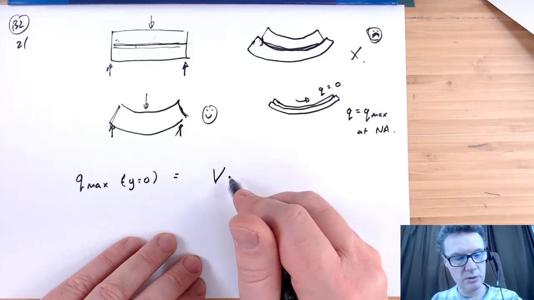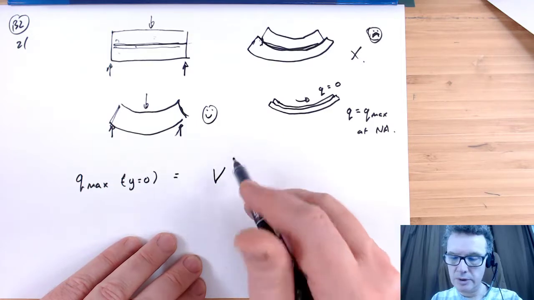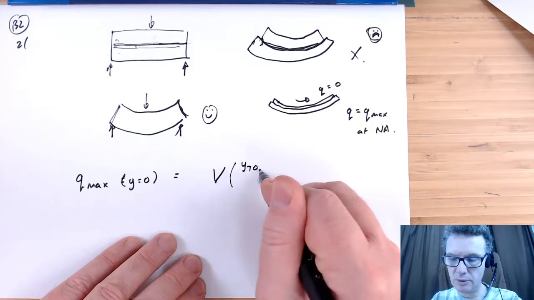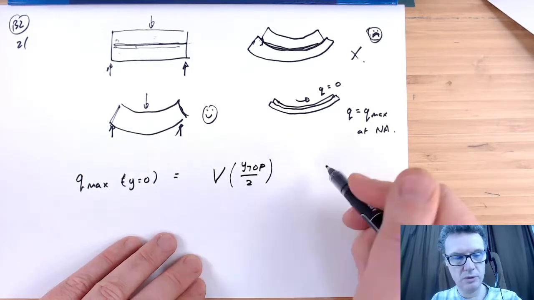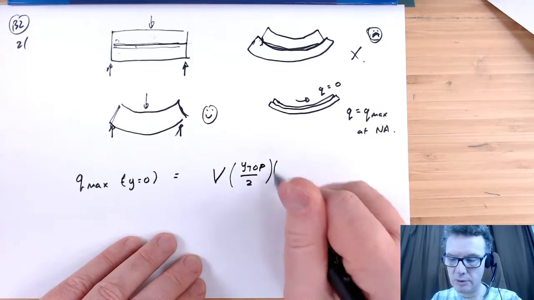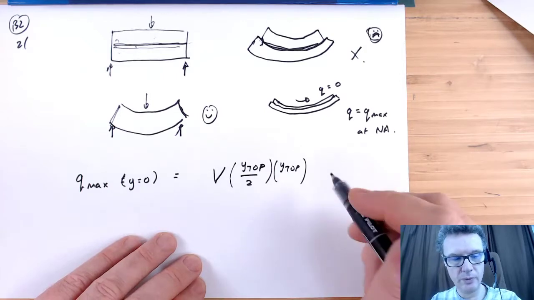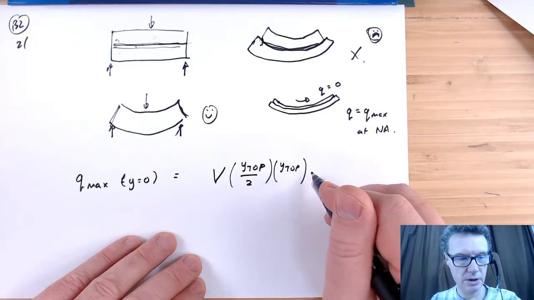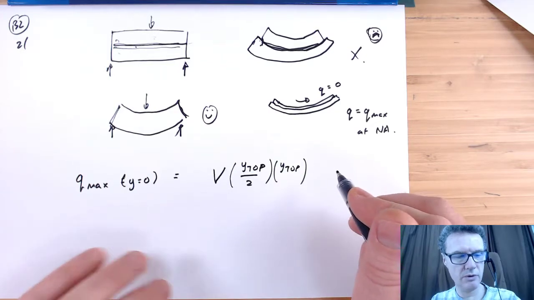The Q, well, I'm taking y to be 0, so that ends up with y top over 2 times y top times T. Actually, should I times T there?